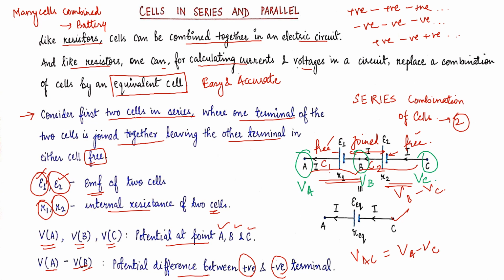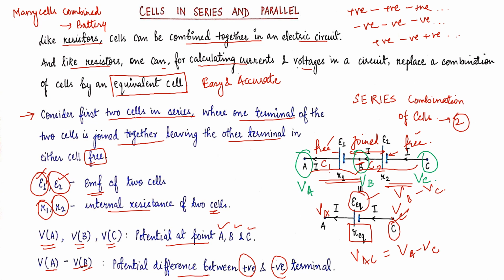If you see this circuit diagram, try to analyze. I have combined the two cells C1 and C2 into this equivalent cell. Their EMF became equivalent and their internal resistance also became equivalent. And we have collapsed this point B, and we have potential VA and potential at C as VC.